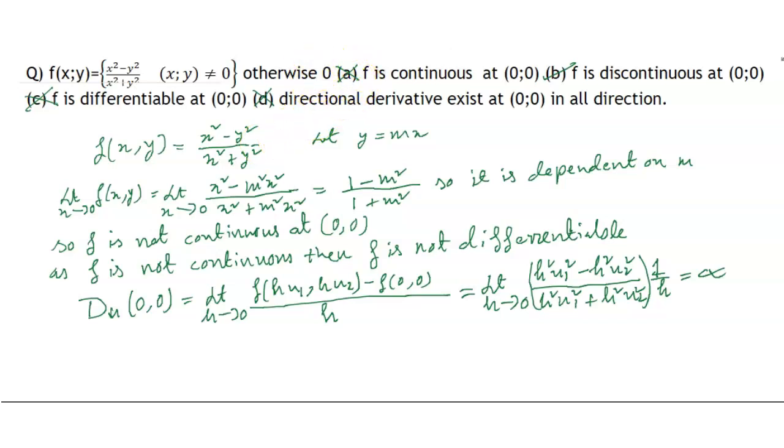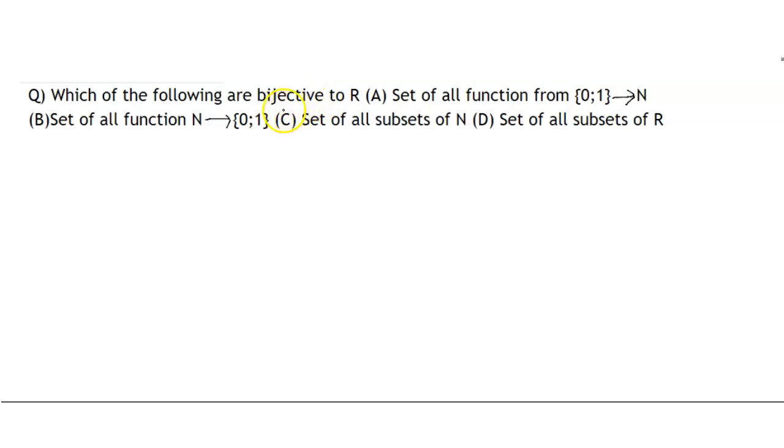Now again I will go to the next question: which of the following are bijective to R. So friends, this is the given. R is an uncountable set, friends.